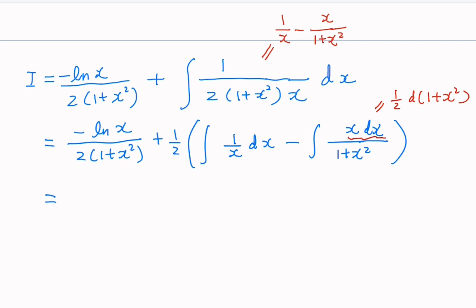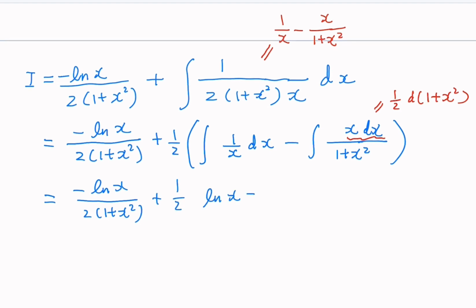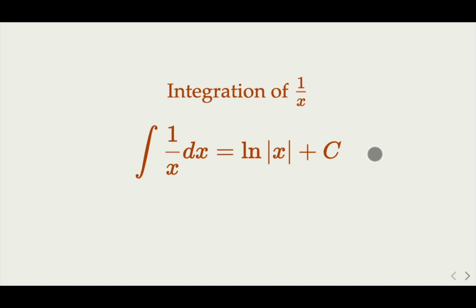Now the integral would be, for those who pay attention to details.